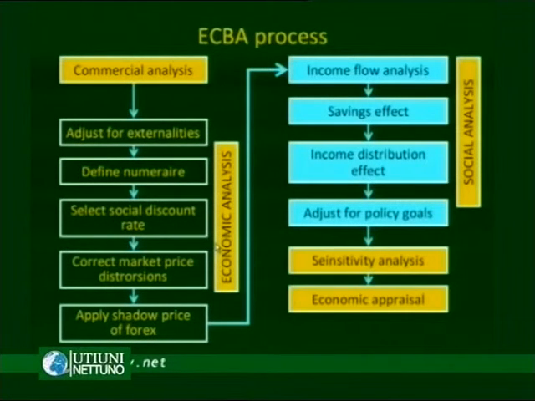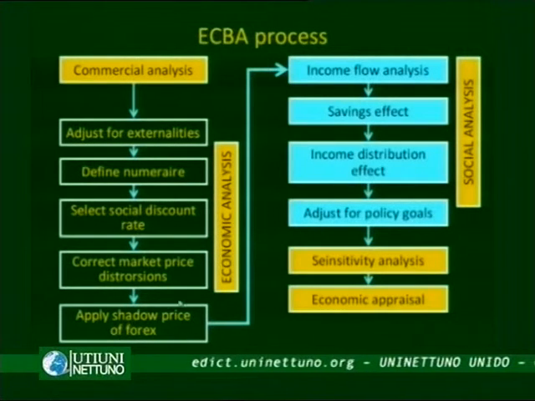So at this point I'm able to understand what is the impact of the project on the objective function that I've chosen for the economic analysis given the national goal. So for example, if my objective function is represented by national income or by consumption, here I can say at the end of the economic analysis how a project impacts on the national income or on consumption in that country.